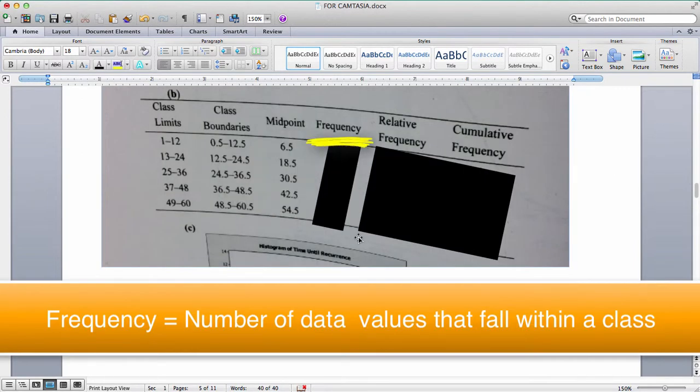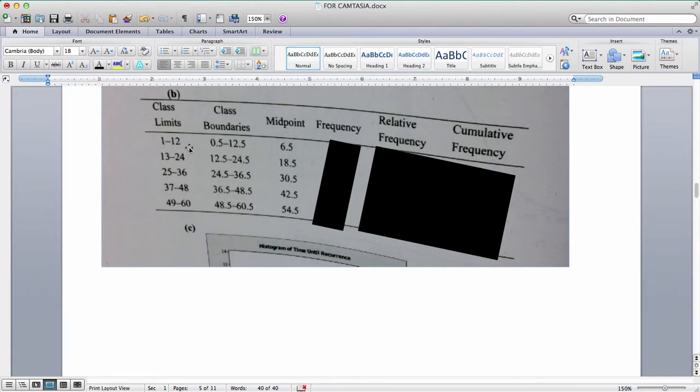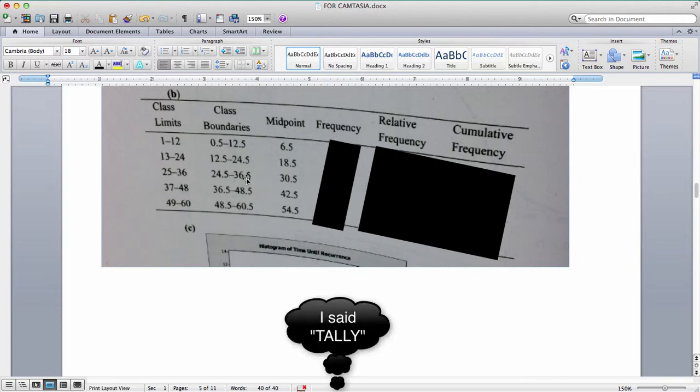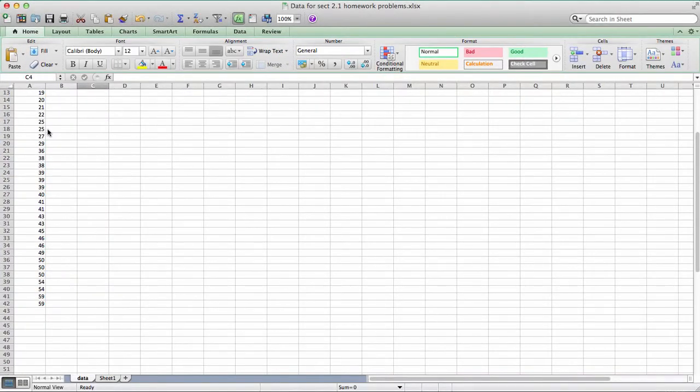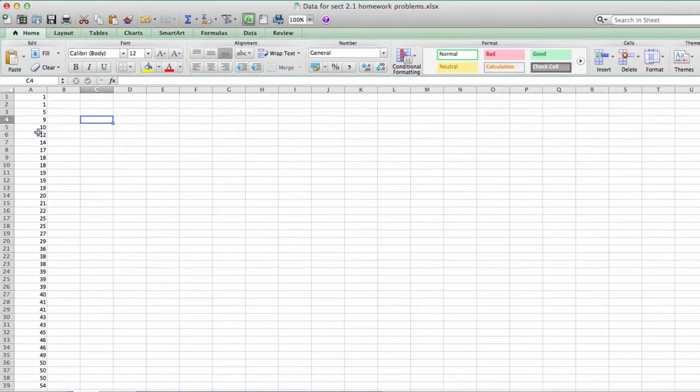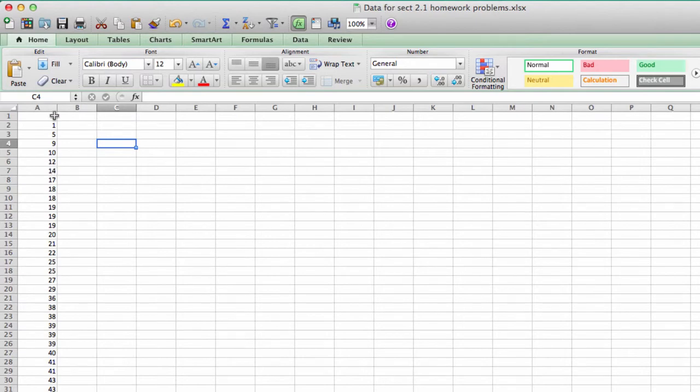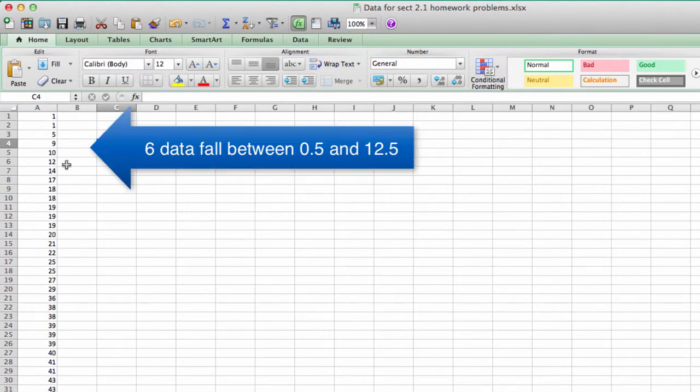Frequency refers to the number of data that fall within the class limits, and that would be the number of data from our Excel spreadsheet that fall between 1 and 12, or 0.5 to 12.5. We can tally these values. If you go back to the Excel, you could tally these. In other words, between 1 through 12, we have 1, 2, 3, 4, 5, 6 data that fall between 0.5 and 12.5.